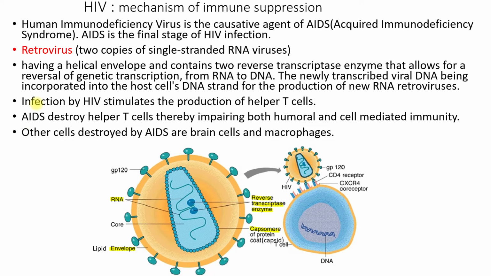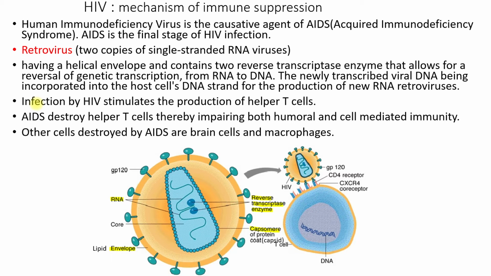Now, apparently this HIV does not only destroy your helper T cells, but when it has already progressed to AIDS, it will also destroy brain cells and macrophages.